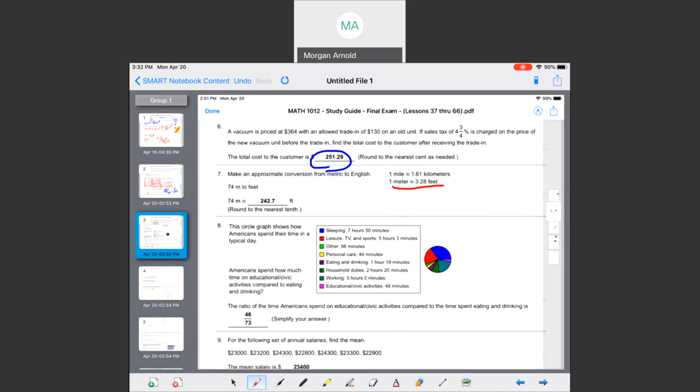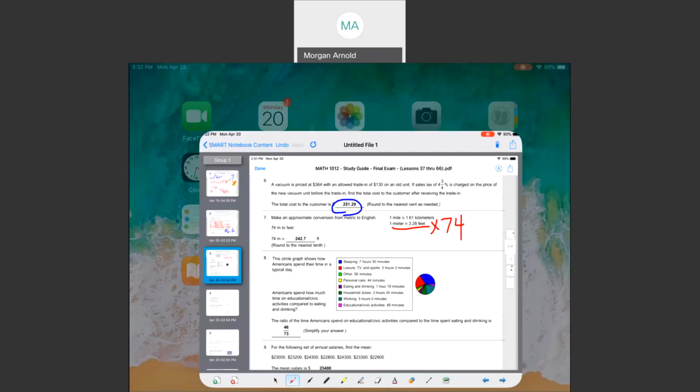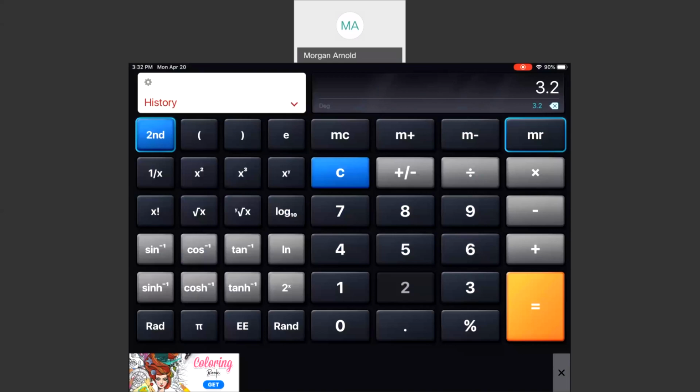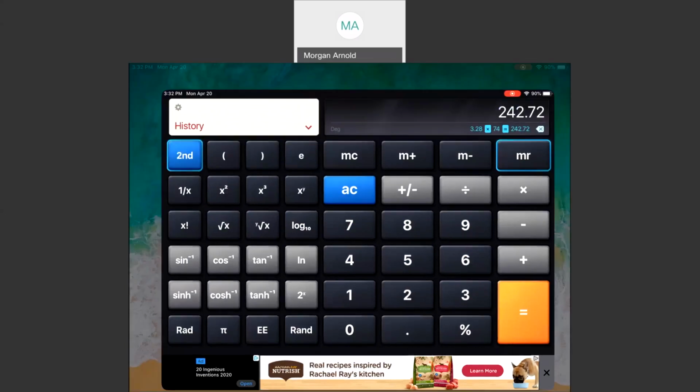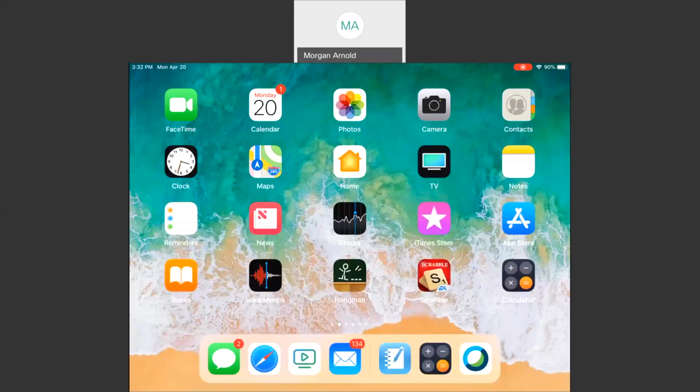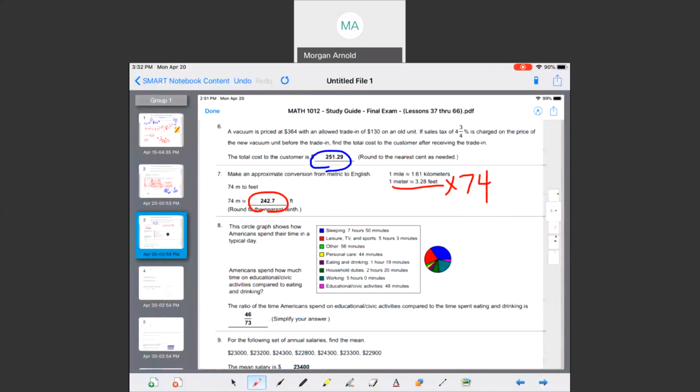So just multiply 3.28 by 74. And we get 242.72, but we have to round to the tenths place, so 242.7 feet is correct.